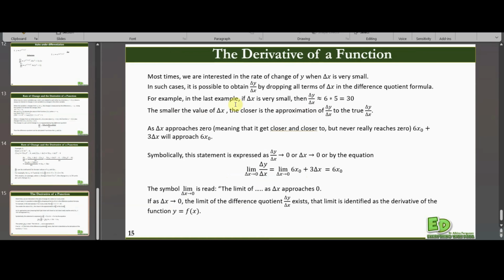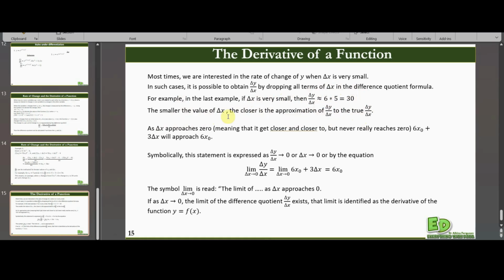For example, if the change in x is very small, then the change in y over change in x is approximately 6 by 5, which is equal to 30. The smaller the value of the change in x, the closer is the approximation of change in y over change in x to the true change in y over change in x.